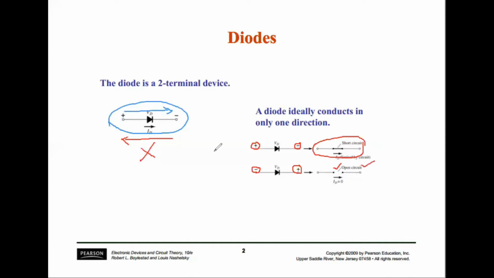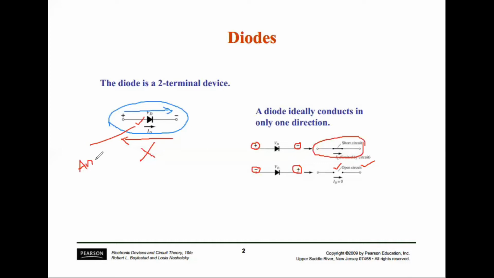So the diode will be acting like an open circuit. These are basically the two scenarios which will be termed as biasing. But before biasing, let us give names to the two terminals of this diode. These two terminals, one is this one and the other one is this one. This terminal is termed as the anode of a diode.